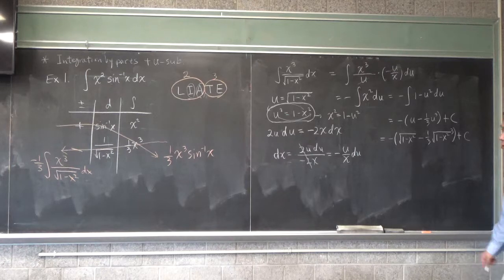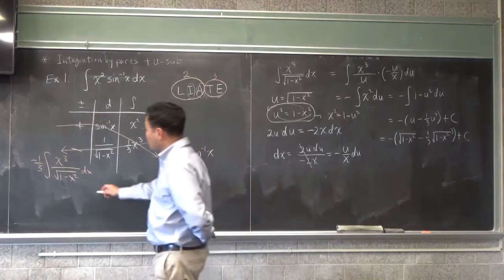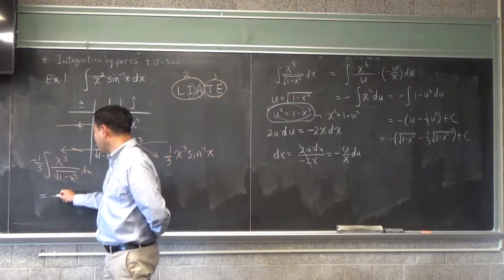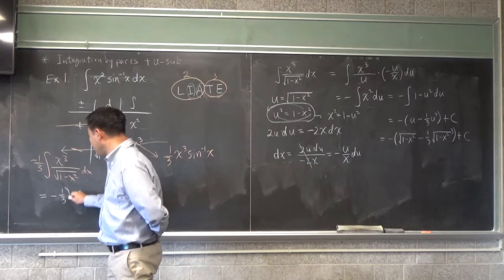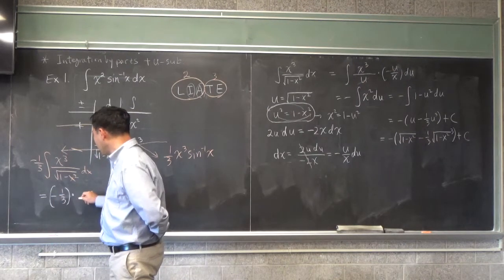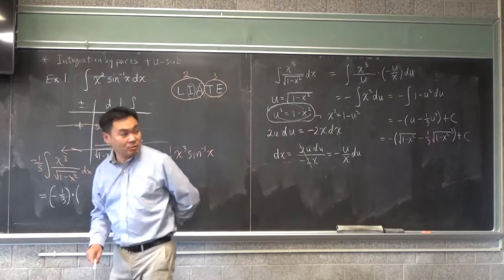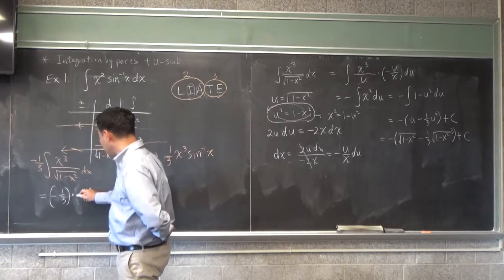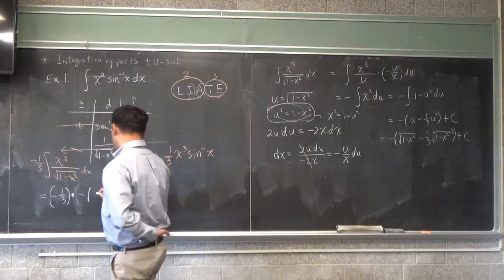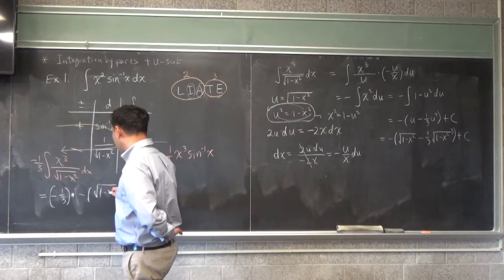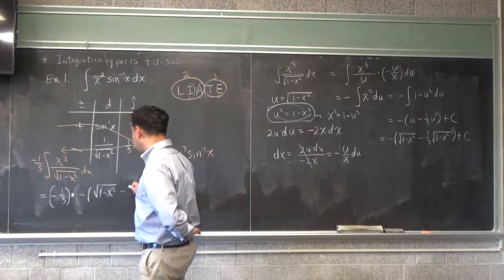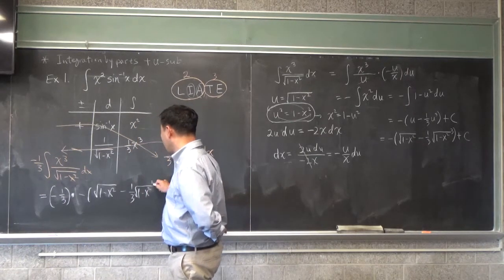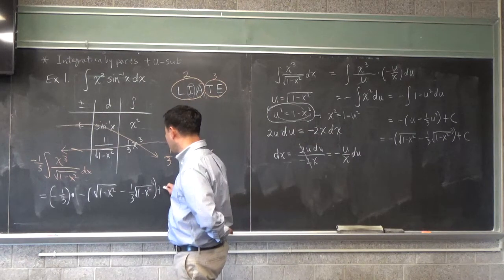Okay, and now since we figured this out, let's rewrite what this is. This is negative 1/3 times, well, negative should cancel, a negative times the negative of the square root of 1 minus x squared minus 1/3 the square root of 1 minus x squared cubed, plus c.